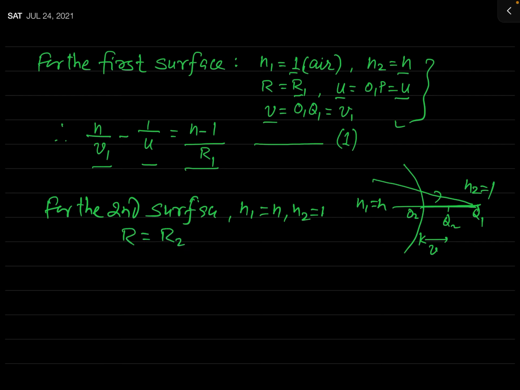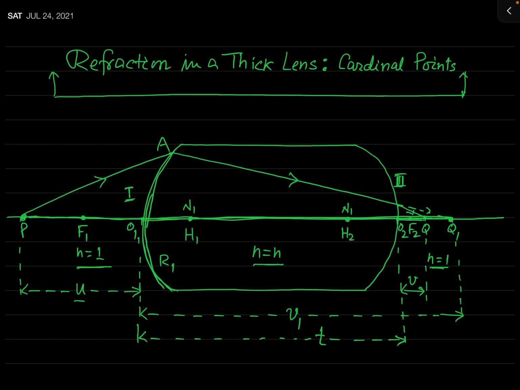And you can see this figure, what will u be? According to the figure, u will be equal to O2Q1. See the first figure. When you want to find the value of O2Q1, you can simply subtract O1O2 from O1Q1.